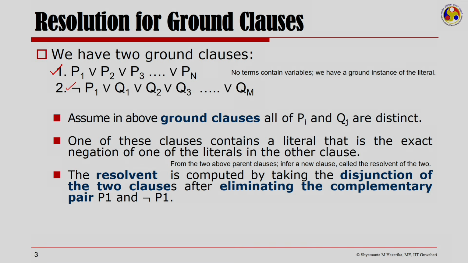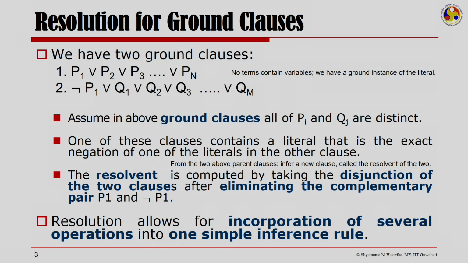Then in above ground clauses, if all of Pi's and Qj's are distinct and I want to resolve these clauses, clause 1 and clause 2, the resolvent of these clauses is computed by taking the disjunction of the two clauses. However, I would eliminate the complementary pair, that is P1 and negation of P1.